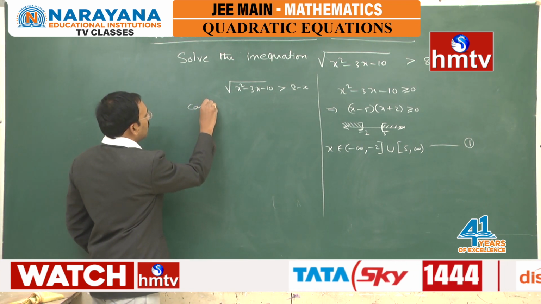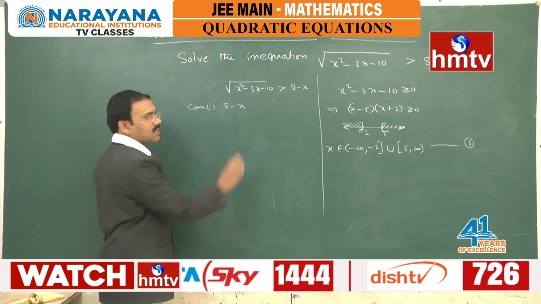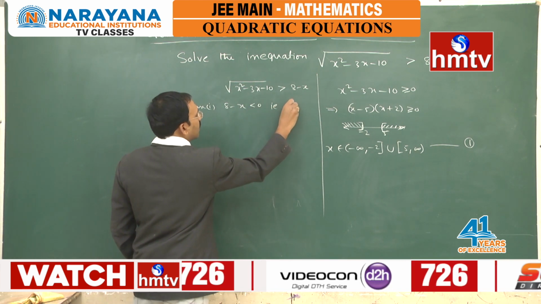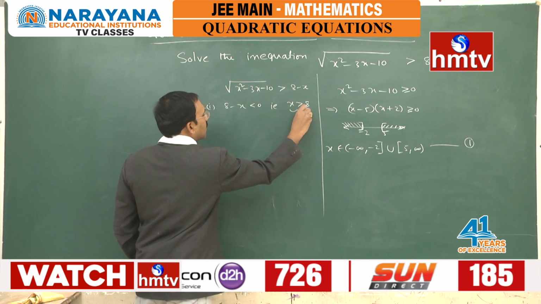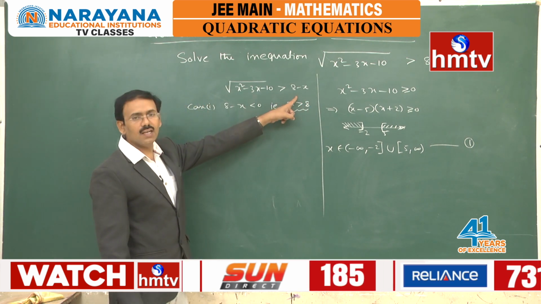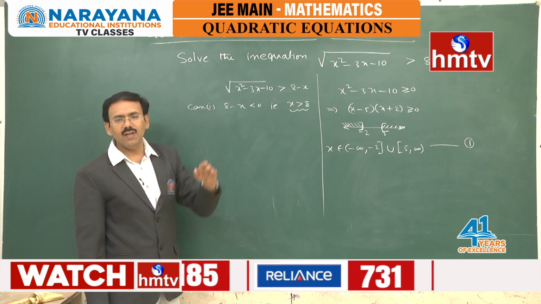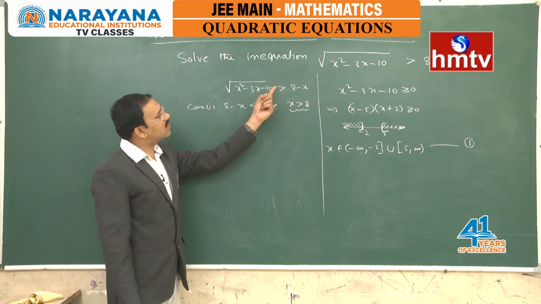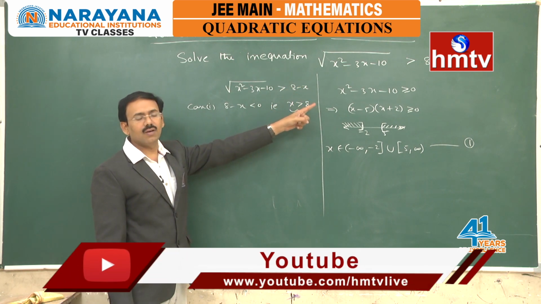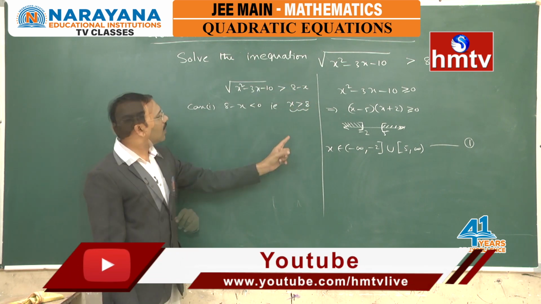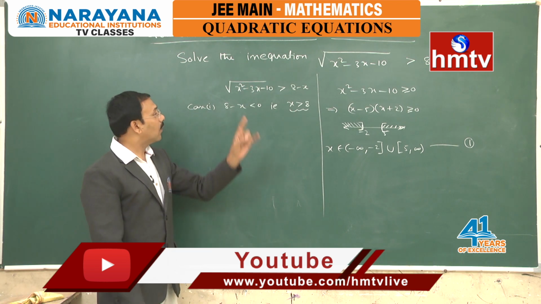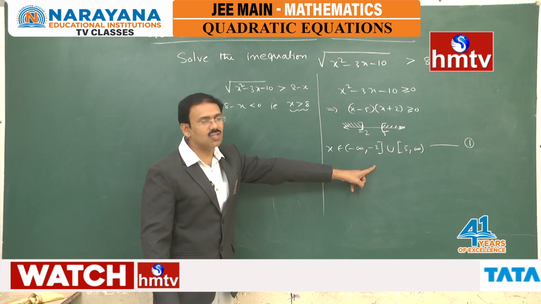Case 1, so 8 minus x is negative, that is 8 less than x, x greater than 8 case. You see, when this is negative, the square root of anything will be 0 or positive. A 0 or positive number is always greater than a negative number, and hence all the numbers which are greater than 8 will satisfy this condition, provided for this there is a restriction.